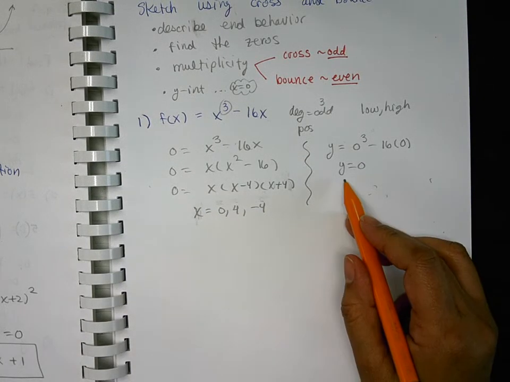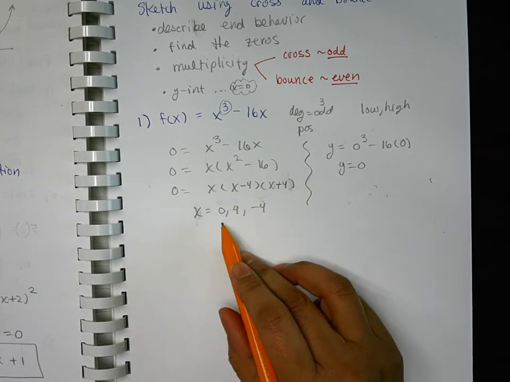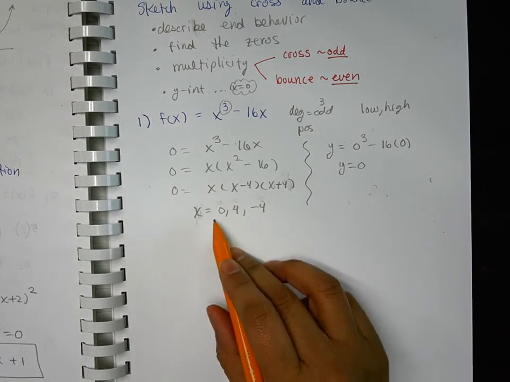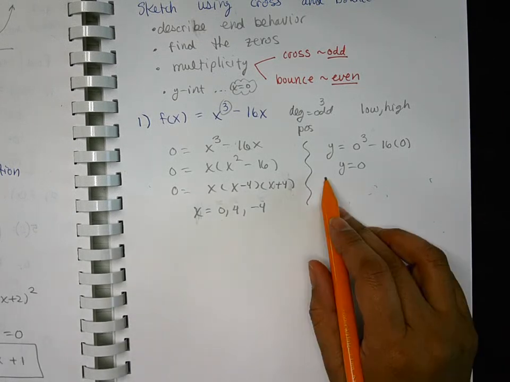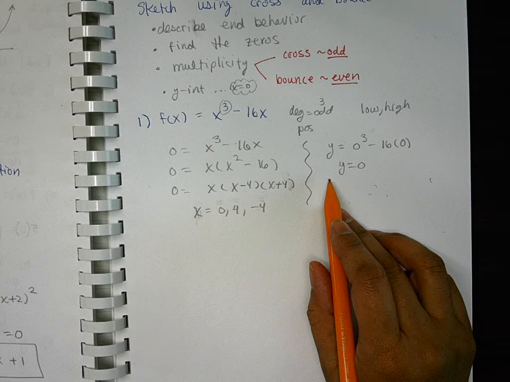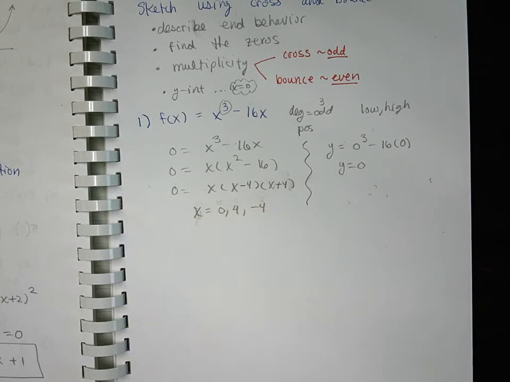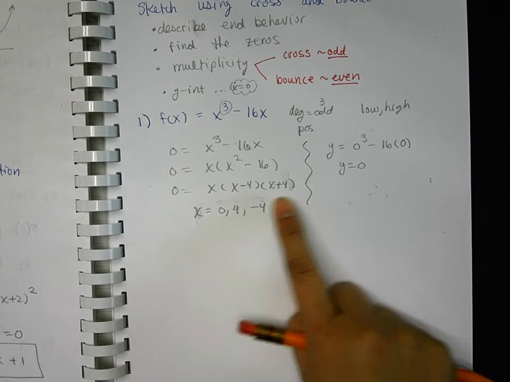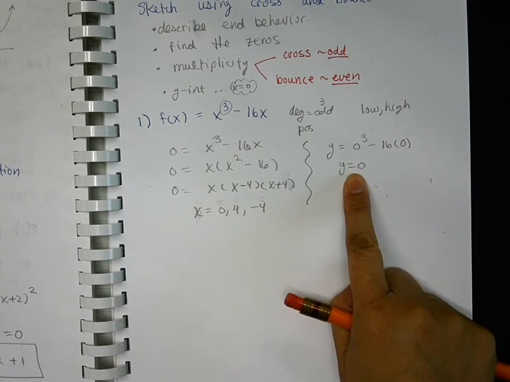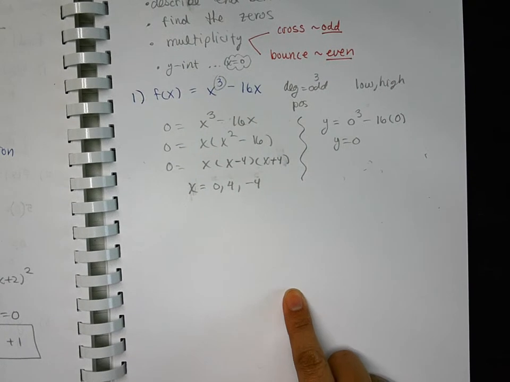Keep that in mind. I often have kids taking the test and they get an x-intercept of 0 and they make a mistake and the y-intercept's like 5, and then they have a funky looking graph, or they ask me why my graph's coming out like this. If your x-intercept's 0, what's your y-intercept going to be? 0. All right. Questions before we make our graph?